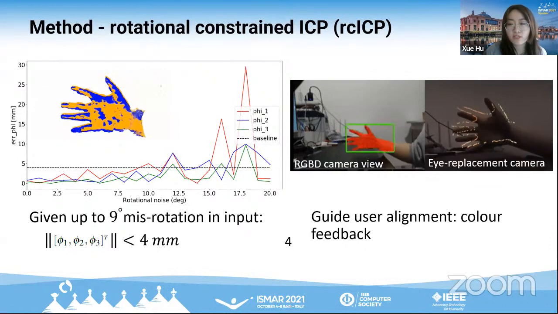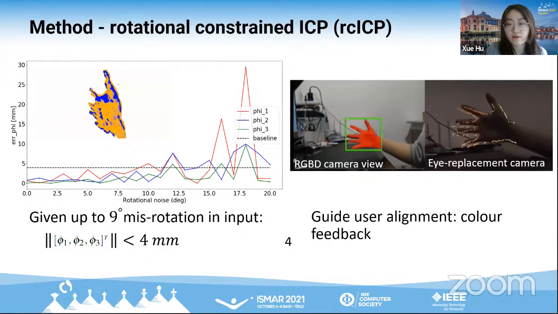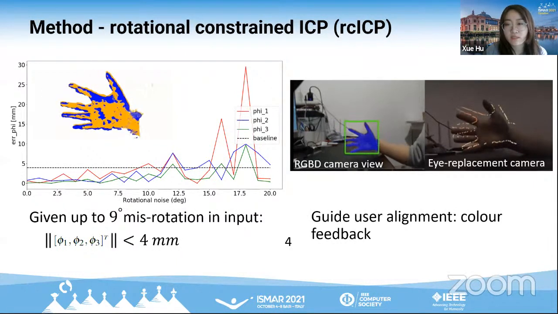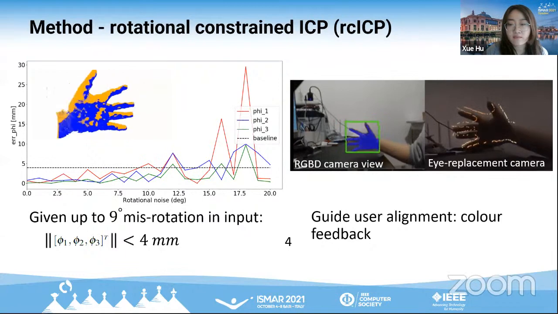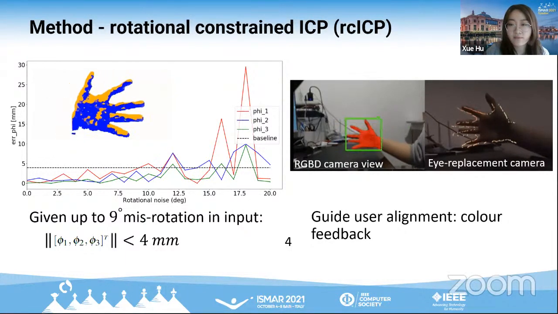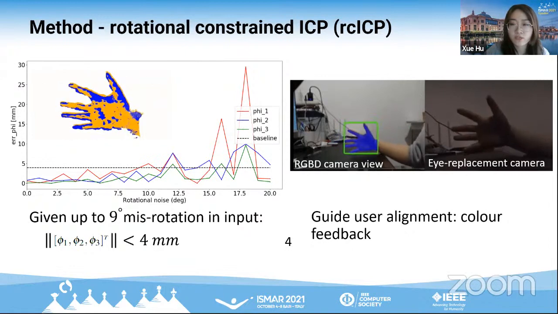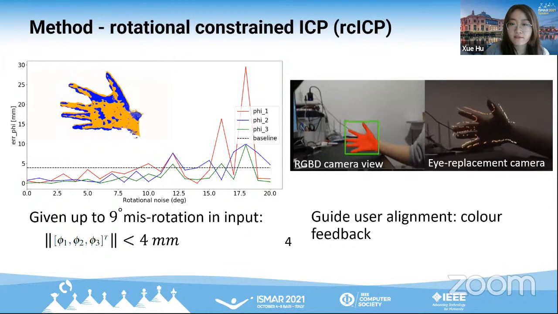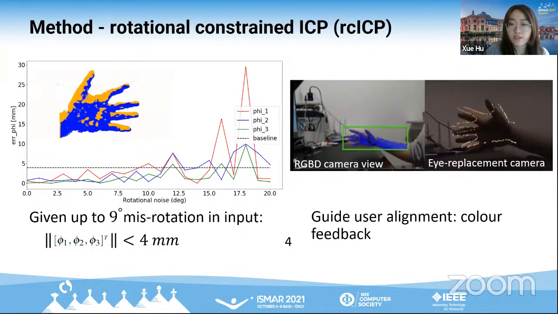We ran a simulation test to show the robustness of our RC-ICP. With up to 9 degrees of misalignment, the inaccuracy in the estimated phi 1 to phi 3 is less than the 4 millimeter threshold chosen from the literature. We thus designed the UI based on this observation.